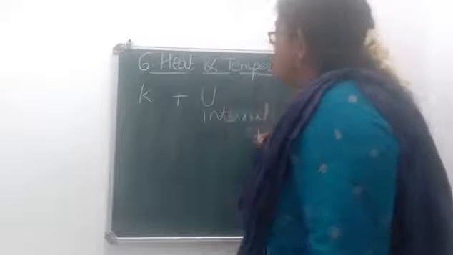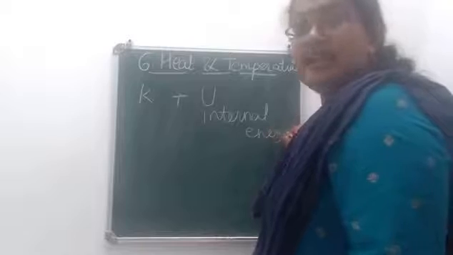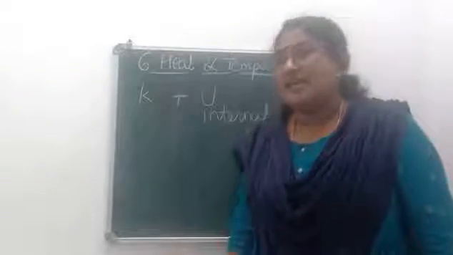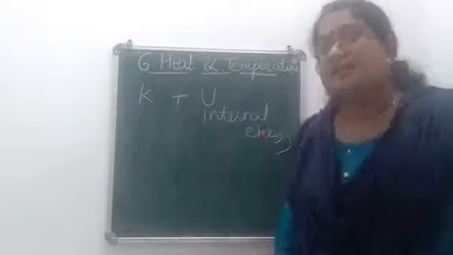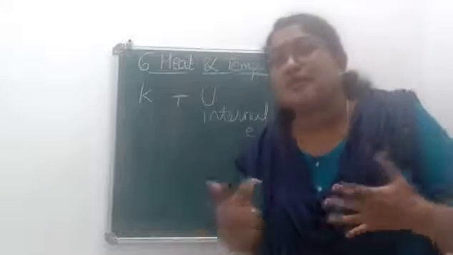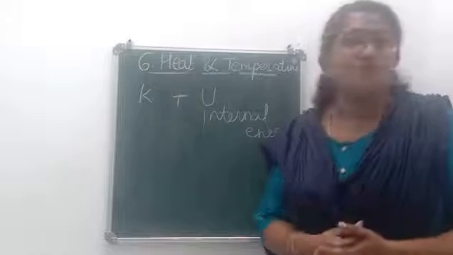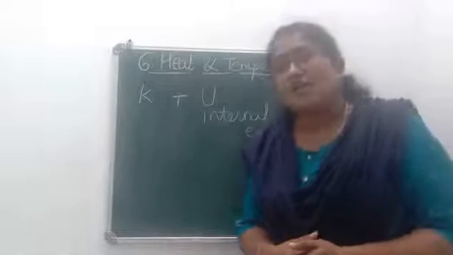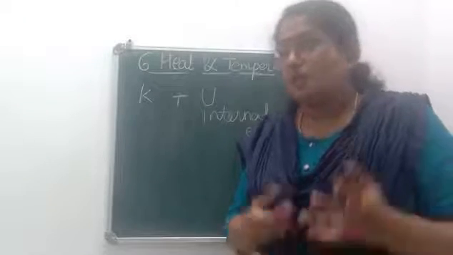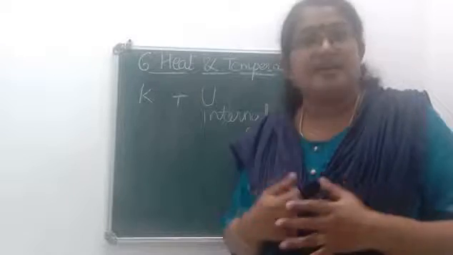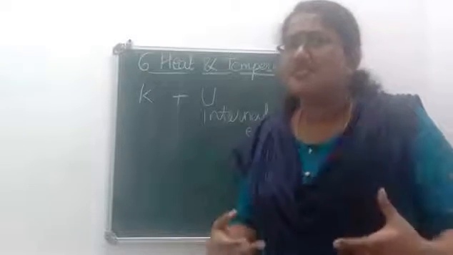Okay, so it is known as internal energy, and this total internal energy of the molecules can be called as heat. Okay, so that is another definition for heat. Heat is the total internal energy possessed by the molecules in a substance. So what is internal energy?